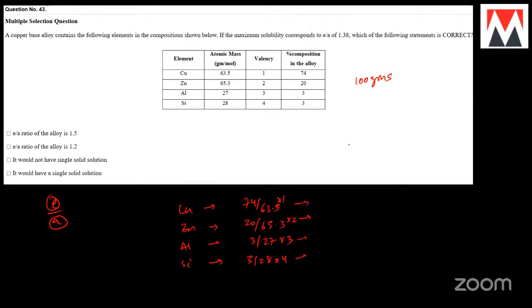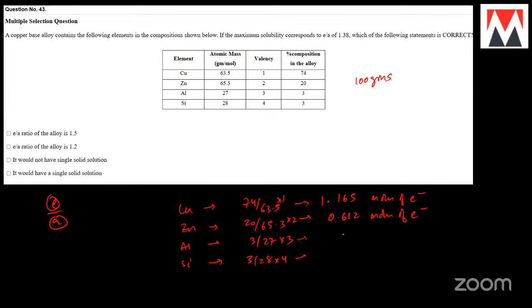So you have 0.612 moles of electrons. So you have 0.33, no, sorry, 1.165 moles of electrons. You have 0.612 moles of electrons.